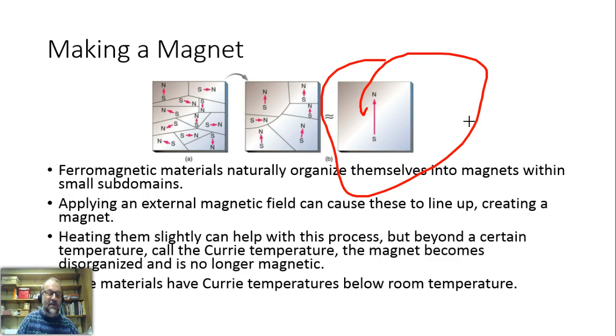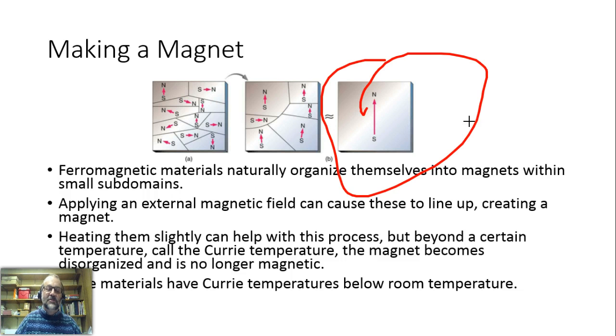As you can imagine, since these already want to line up to some extent, if you heat them, you let them move freely and give them an opportunity to line up. However, there's a temperature called the Curie temperature, and if you heat them past that, they have so much kinetic energy that the magnetic forces no longer matter. They no longer magnetize at all.